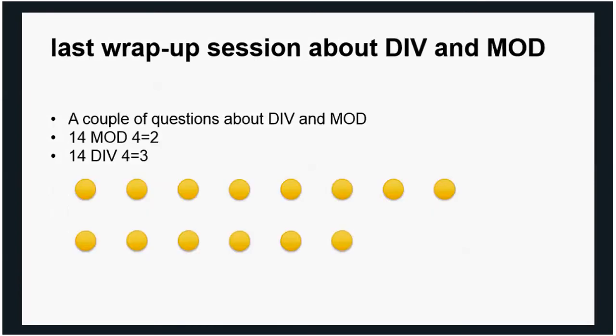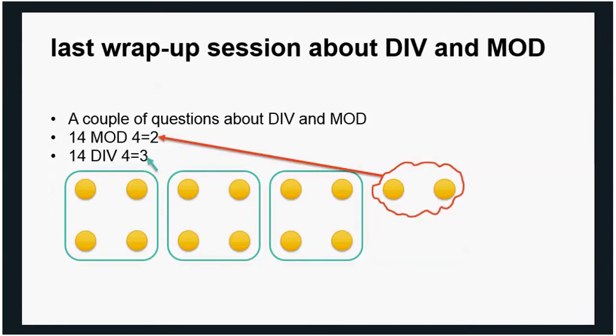But let's talk a little bit about div and mod that we covered last week, or actually last Monday. After last week, we had quite many questions about div and mod, and I showed you this slide on Monday.